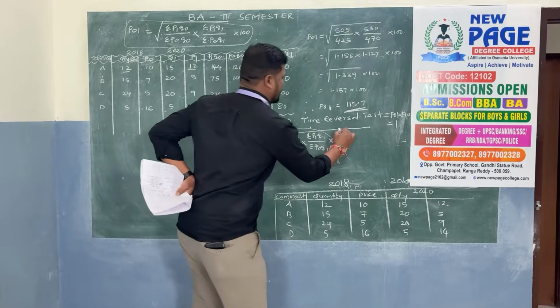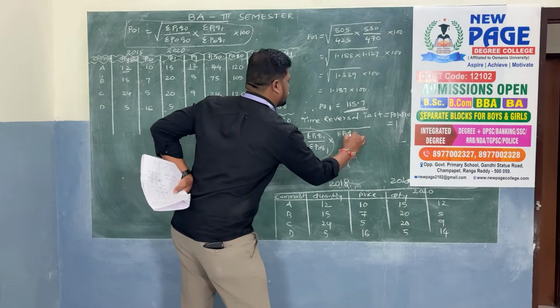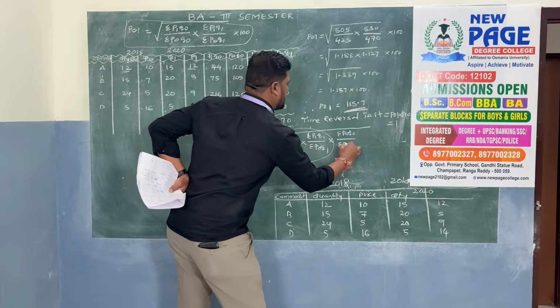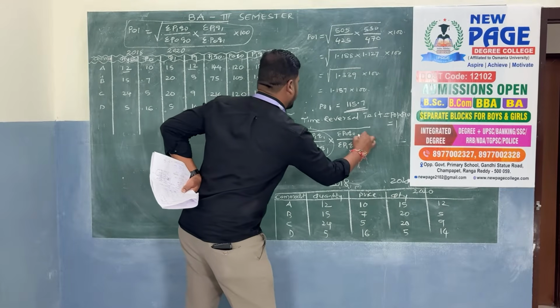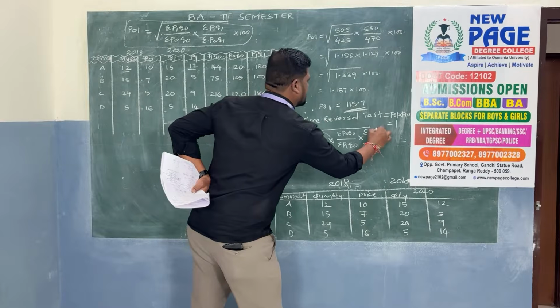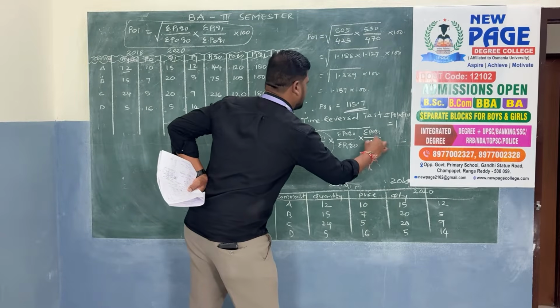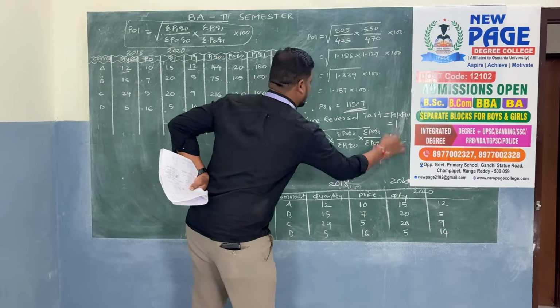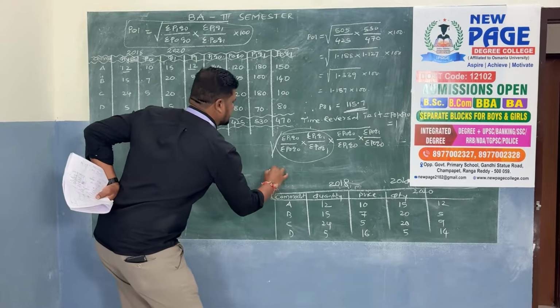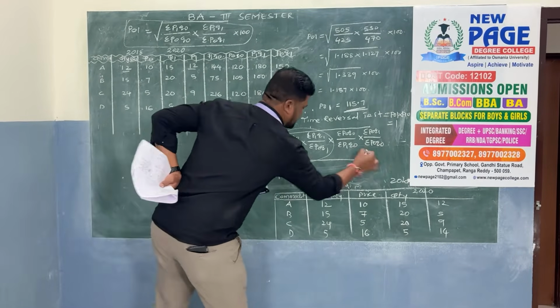Next P10: sigma P0 Q0 by sigma P1 Q0 into sigma P0 Q1 by sigma P1 Q1, is equal to under root of.